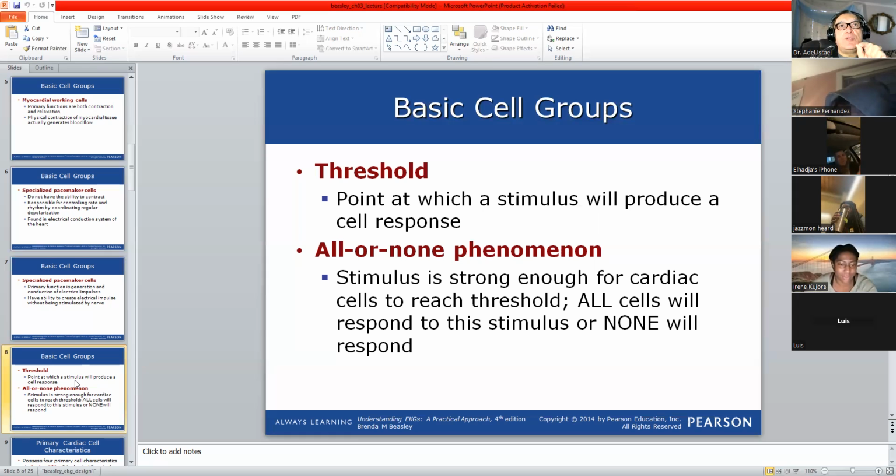This is also what the heart does exactly. If the heart is not receiving enough stimulation, it will not contract. This is what we call threshold. What is the threshold we touched on in our study? Threshold of pain. You remember, guys, threshold of pain is what? Suppose I have a headache, and El Hajja has a headache at the same time. I am saying, oh, I have a severe headache.